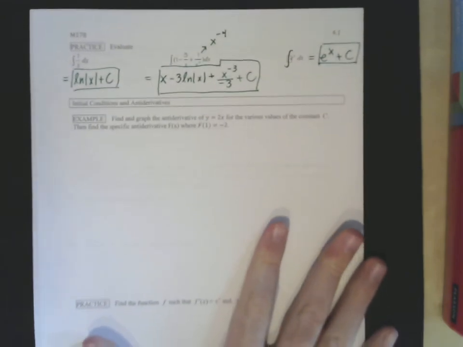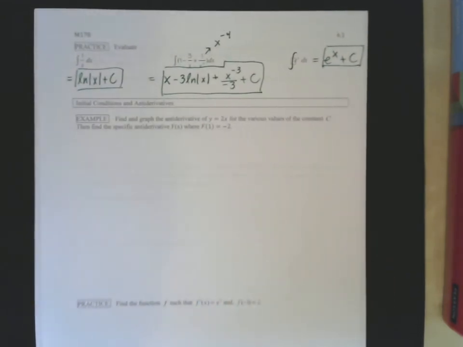So now we want to talk about initial value problems and initial conditions. So in this next example, we're going to find the graph of the antiderivative y equals 2x for some various values of constant c. And I'm going to pick them. They're not listed here. And then we're going to find the specific antiderivative with f of x where f of 1 equals negative 2.